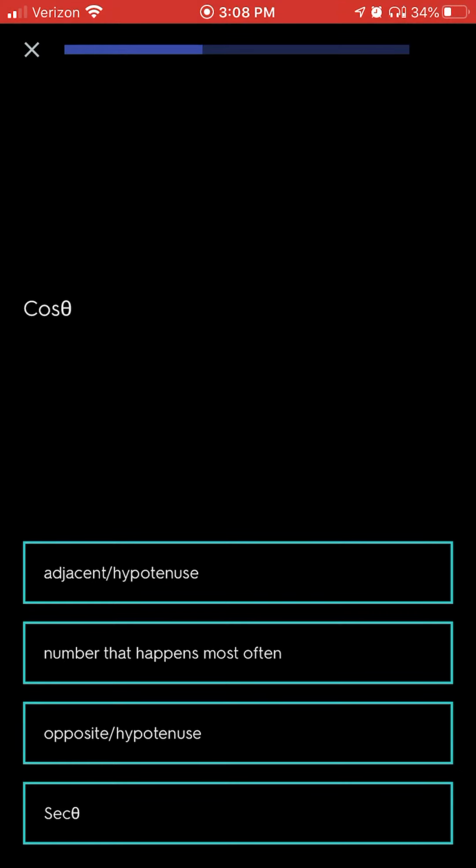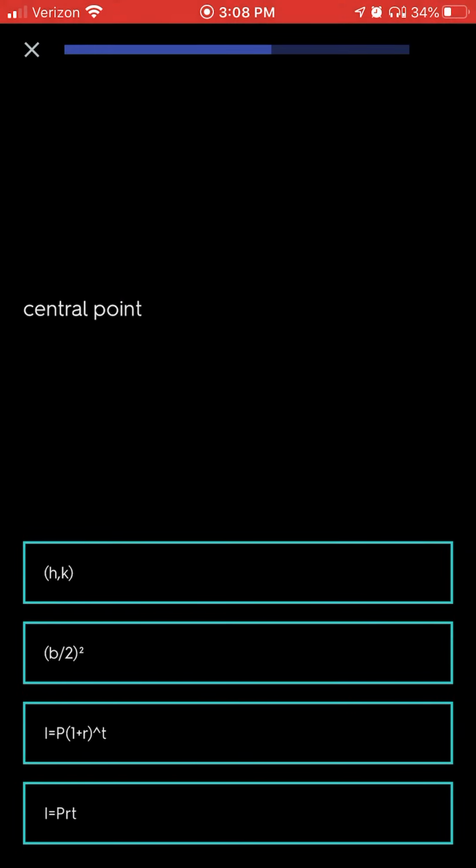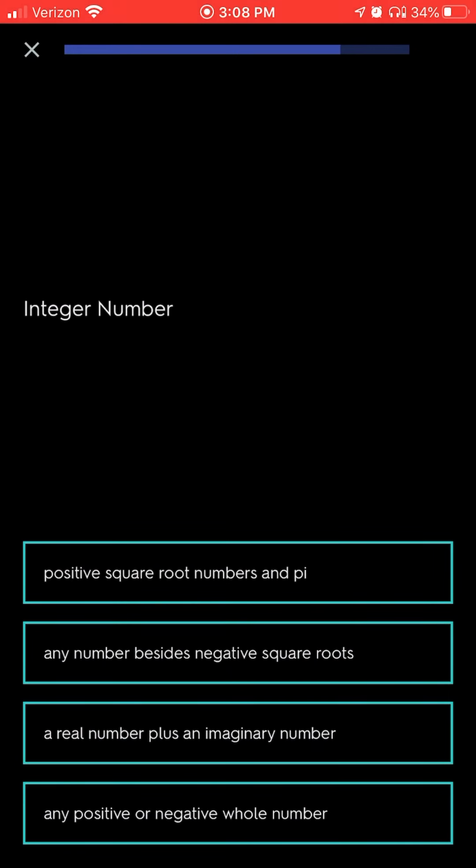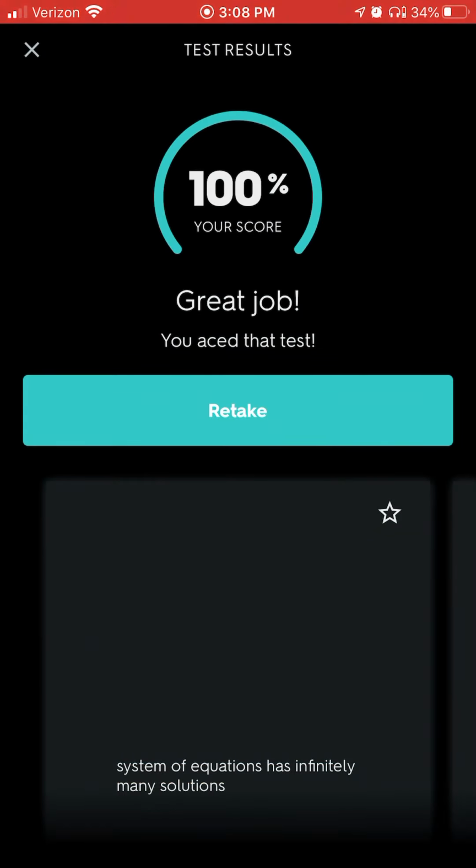Cosine is adjacent over hypotenuse. The central point, if you want to know the central point of any graph, is h comma k, unless it's like a line or something. Lines don't really have central points. But if we have an integer, what would be the integer number? An integer is a whole number. It can be positive or negative, so that would be this one. Awesome, I got them all right.